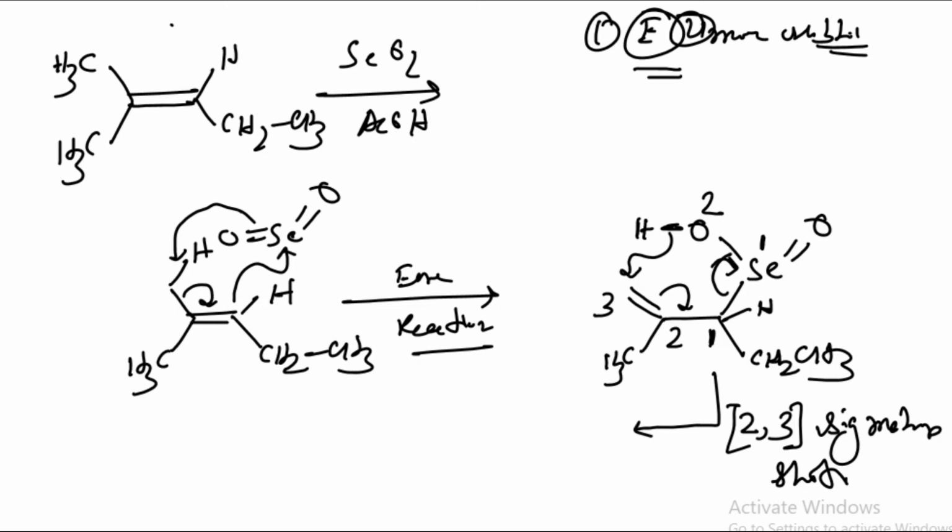So what we get after the reaction: there is a methyl, there is hydrogen, there is ethyl, and the double bond is returned to its original position, and there is O and selenium and O, and there is a plus.